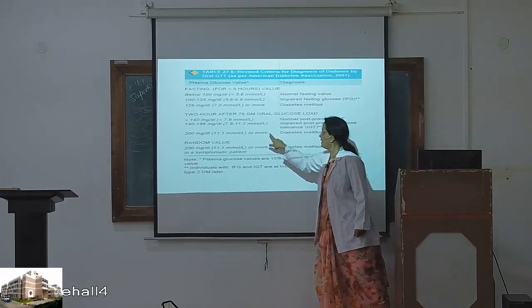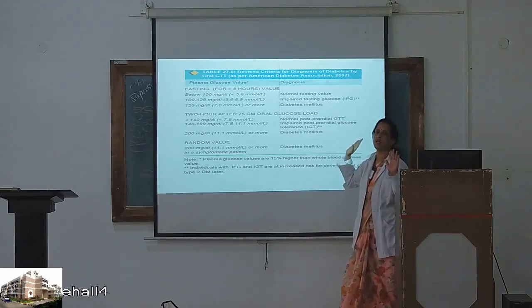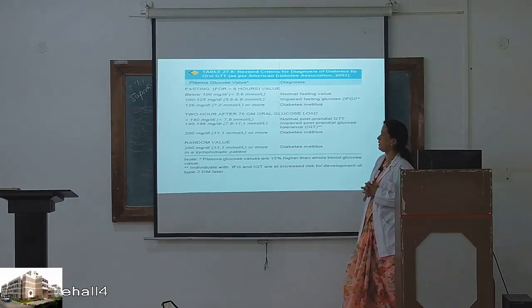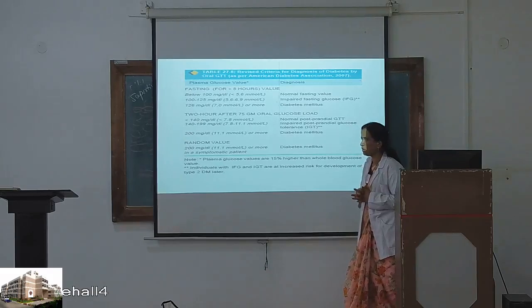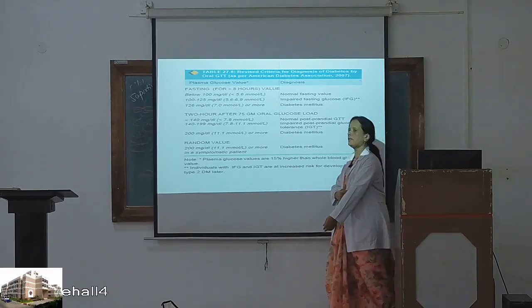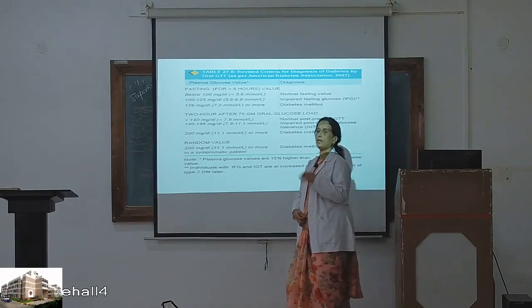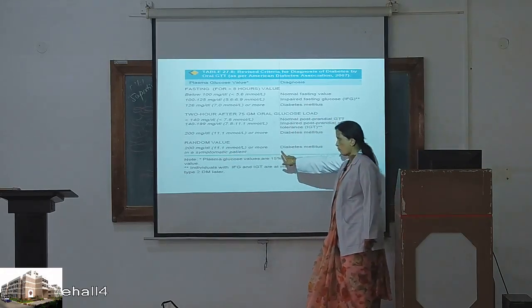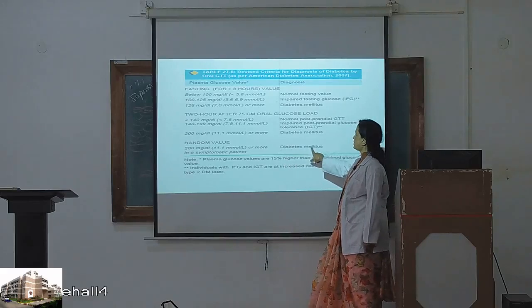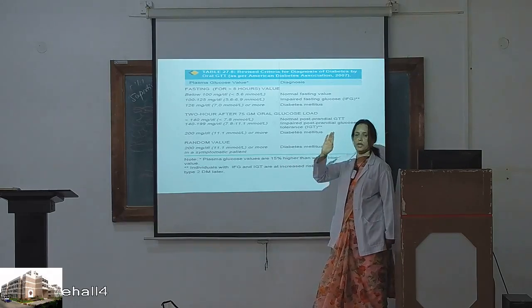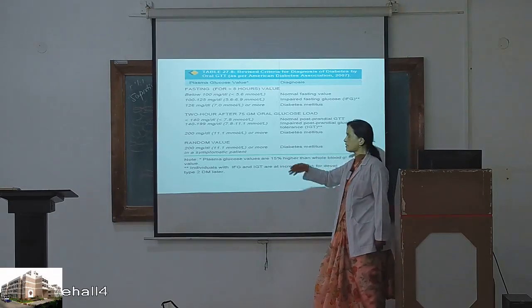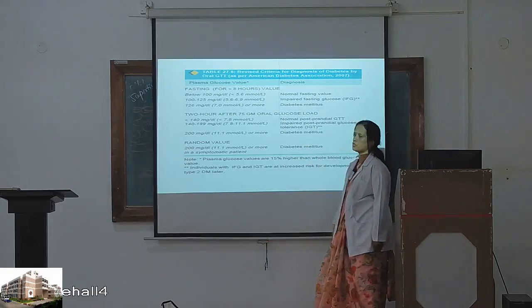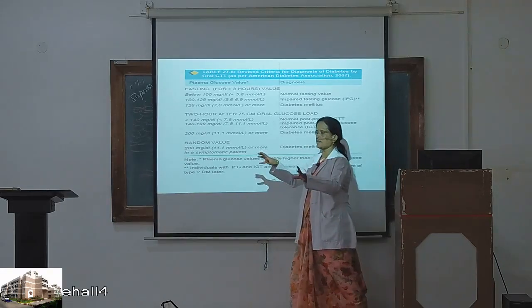If it is 200 milligrams or more, then we say the person has diabetes mellitus. Random value, I told you, is a sample of blood taken during the day, any time. If the value is 200 milligrams or more in a symptomatic patient, then we consider him as having diabetes mellitus.